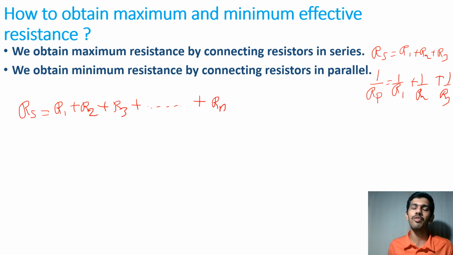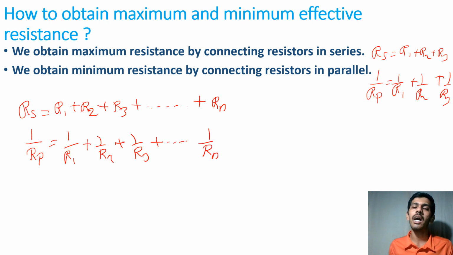That is the formula of series combination. Similarly, in the case of parallel, 1 by Rp is equal to 1 by R1 plus 1 by R2 plus 1 by R3, and like that go on adding up to 1 by Rn. This is the formula of effective resistance when n number of resistors are connected.